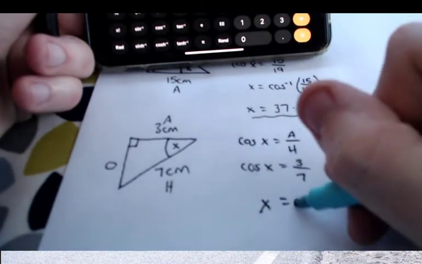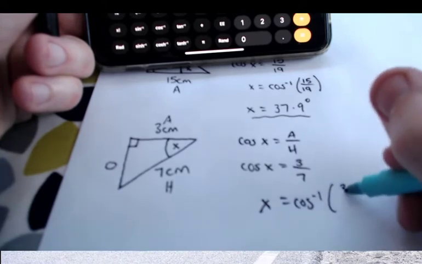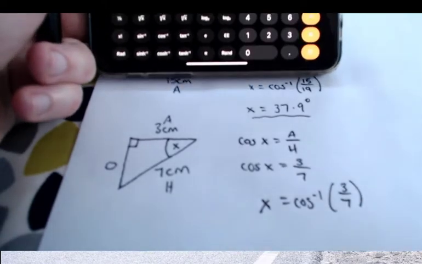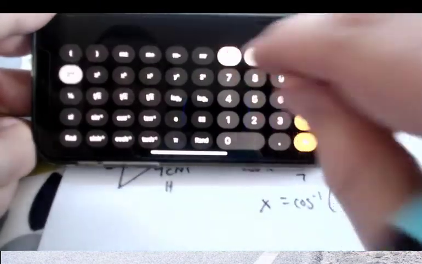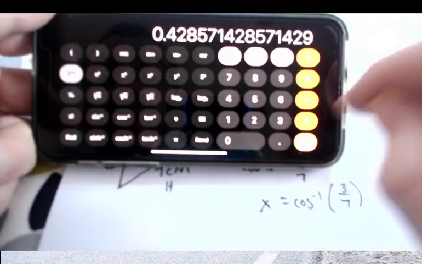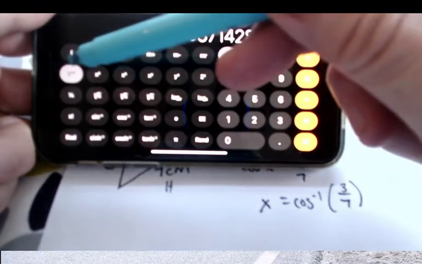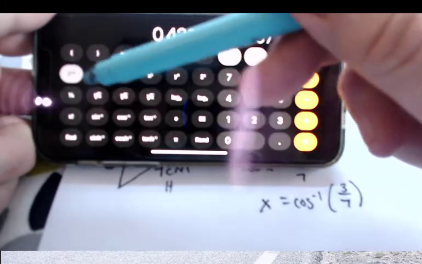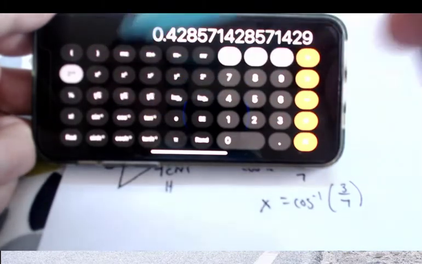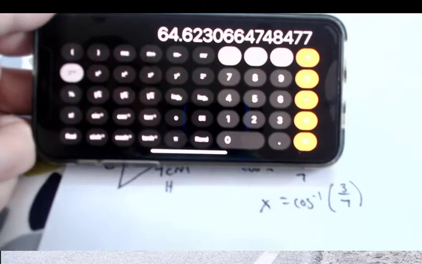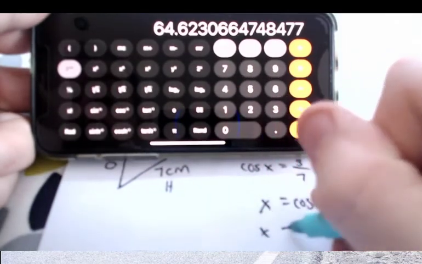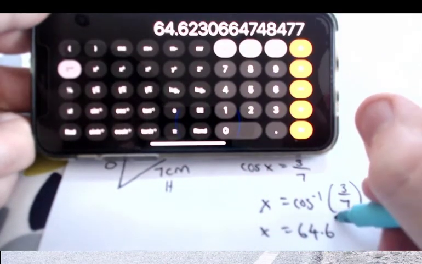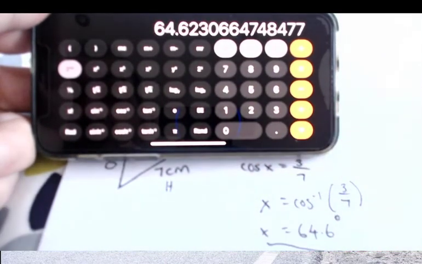So I'm going to do inverse cos 3 over 7, go to my calculator. So this time it's going to be 3 divided by 7 equals. You can see that the second function button is still highlighted, so I can just come straight down and hit cos minus 1, and I get the answer of 64.6 degrees. Always important to get your units in.